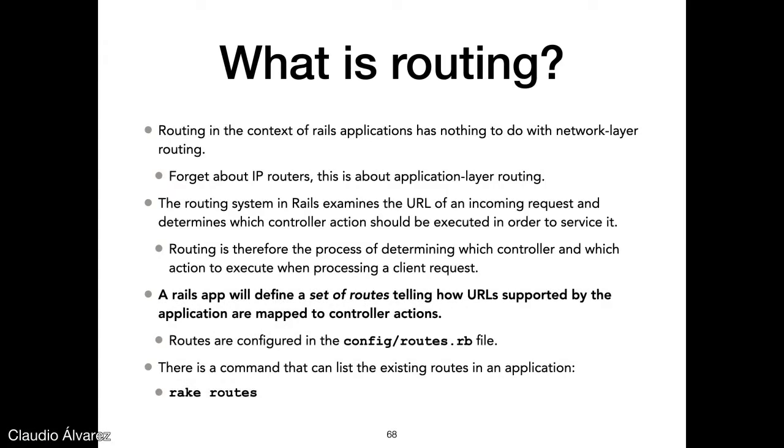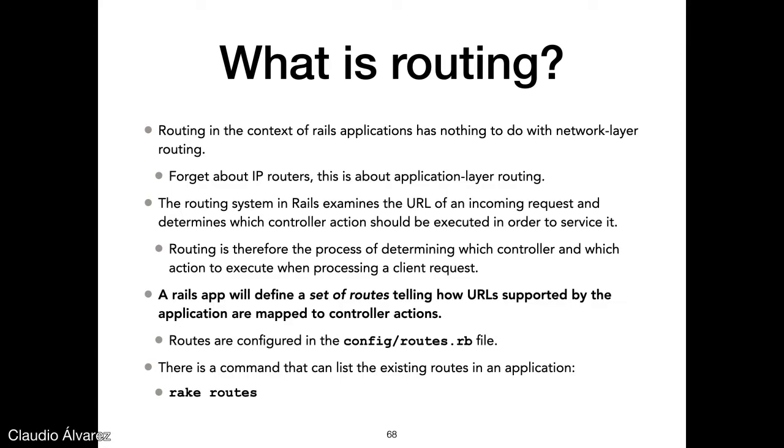So what is routing? Routing has nothing to do with internet routers. We're not talking about IP routing or whatsoever. The routing system is in Rails. Routing systems also exist in other web application frameworks. If you go to the Java platform, .NET in the Microsoft world, Python frameworks, or whatever modern framework you look at, you'll see that there's a routing system.